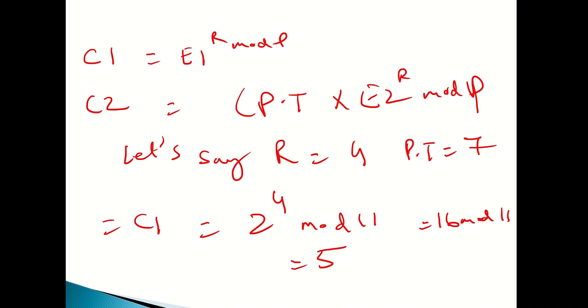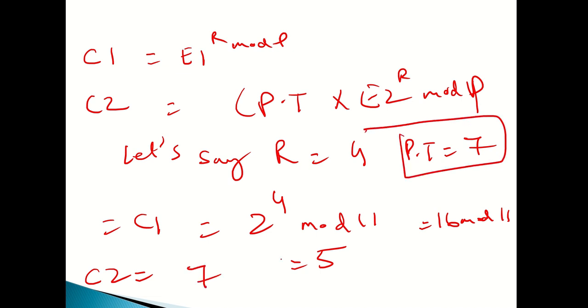So C1 is 5. C2 is plain text into E2 to the power R mod P, which is 7 into 8 to the power 4 mod 11. What is the value then? It will be a very big value.